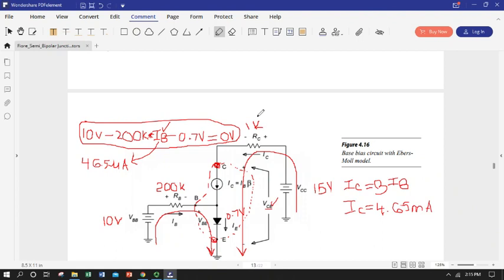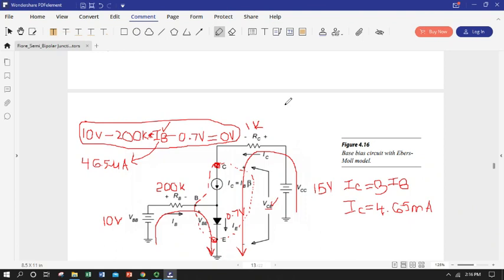Wow, there's some easy math. 4.65 times 10 to the minus 3 amps times 1 times 10 to the third ohms. So I'm going to drop 4.65 volts. So I'm down to just a bit over 10 volts, and then I'm going to drop the collector emitter voltage, whatever that is, and oh, I'm down at ground.